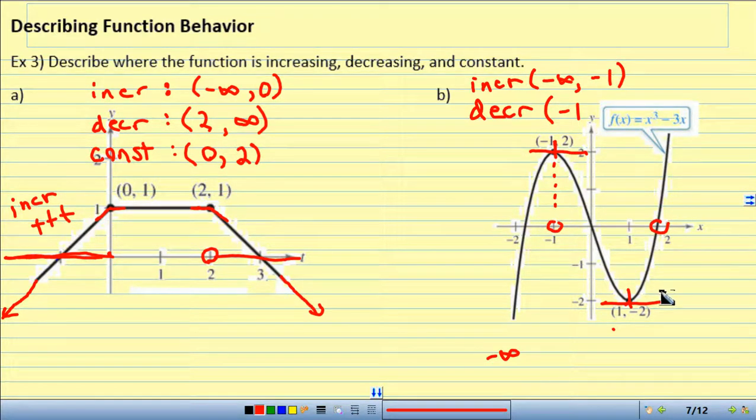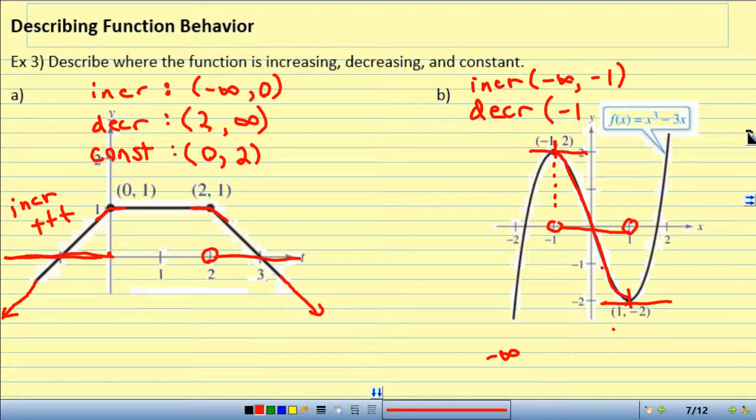Oh wait, why am I finding the root? I don't even know what I'm doing. Down here, sorry, brain farted. So it's decreasing from here all the way down to here. So x is -1 to 1.